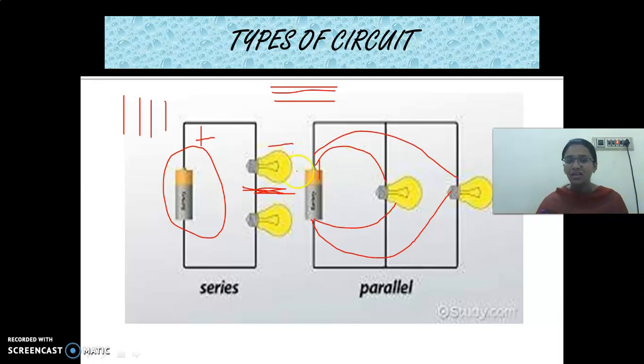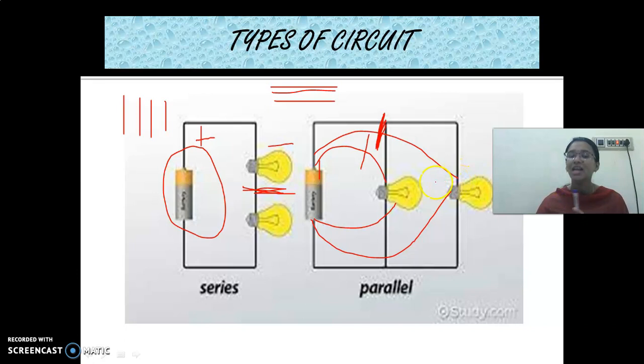But here, if the connection is cut here, whether the bulb glows, this will not glow, but this bulb will glow. Yes or no, children? Just note it. Observe it clearly. If the connection is broken here, whether this bulb glows? No. But this bulb glows. Yes or no? Otherwise, if the connection is broken here, the first one will not glow, but the second one will glow.